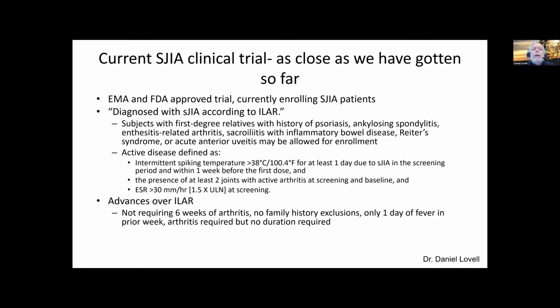The only other comment I'd like to add is in relation to the PRINTO diagnostic criteria that Peter presented earlier in the meeting.